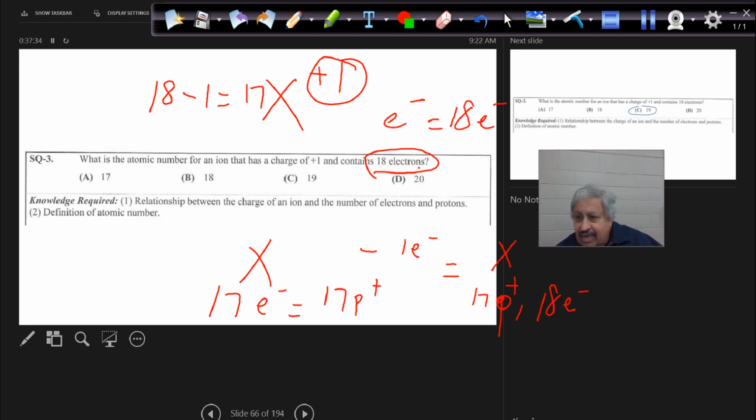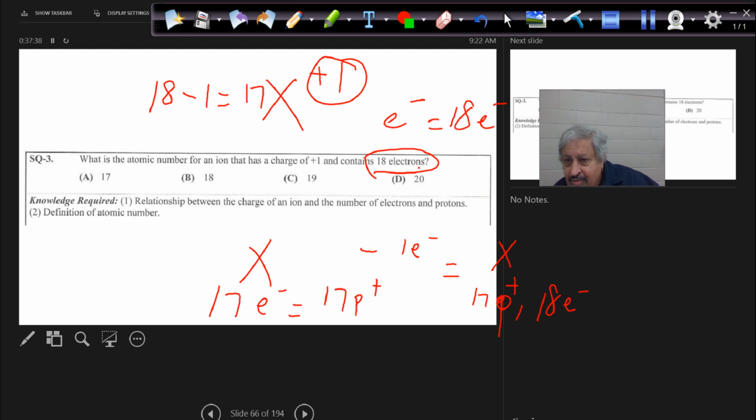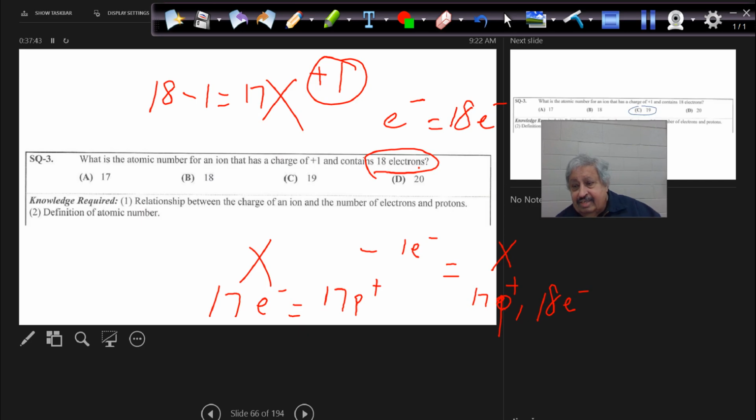The answer is 19. Let's look at what we have done. If you subtract, because +1 means you are taking 1, you are not adding. So if I have nitrogen with 3 minus, nitrogen has how many electrons, equal to the protons?